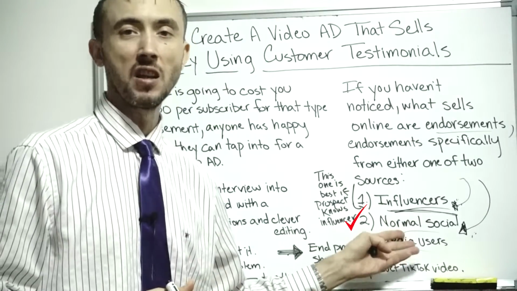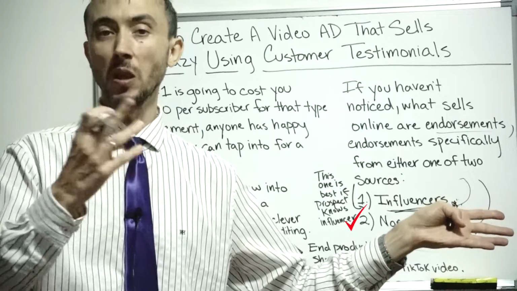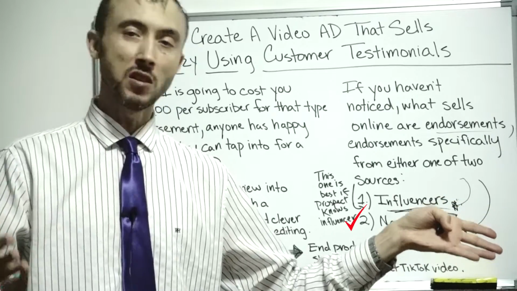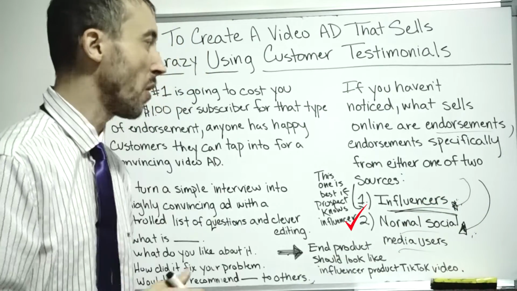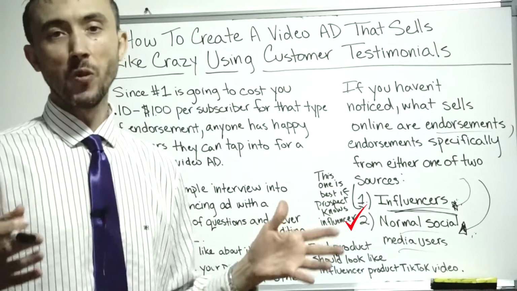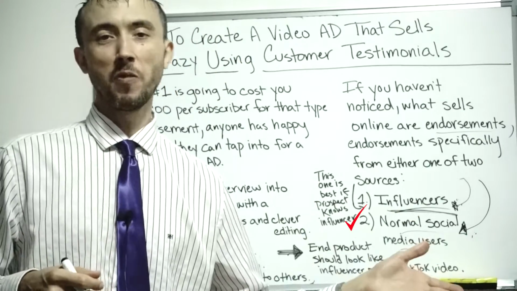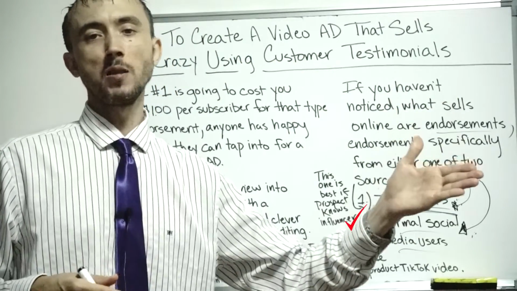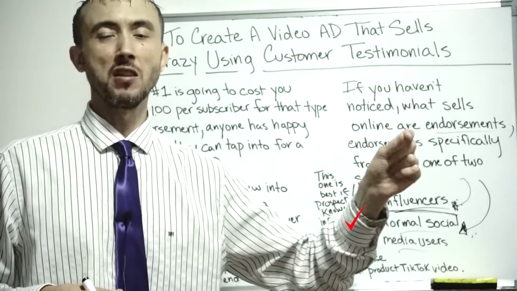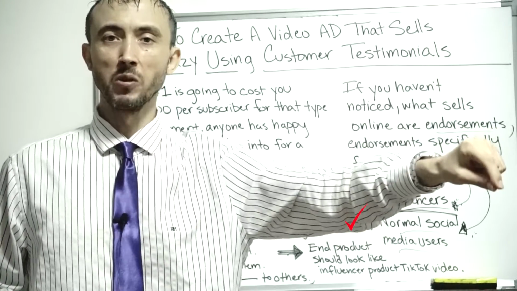Even though a random person that they can tell wasn't paid or benefits nothing by saying something positive about your product or service, that can also sell very well as well. So influencer marketing in general, where somebody can say something positive about you, yes, it's effective, but it's 10 times more effective if the person that you're trying to sell to knows and respects and likes and trusts that influencer already.